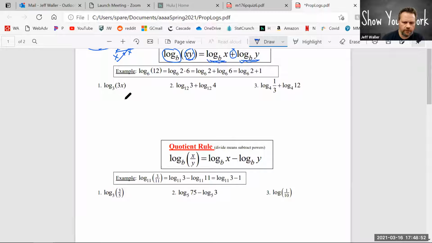You'll notice on the first problem, it's kind of going this way with the property, right? And then these two are using it the reverse way, putting them together.